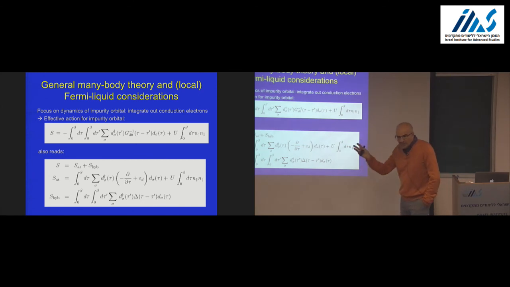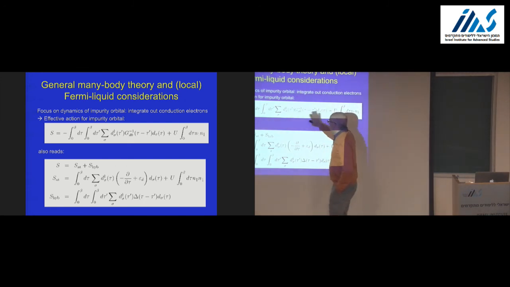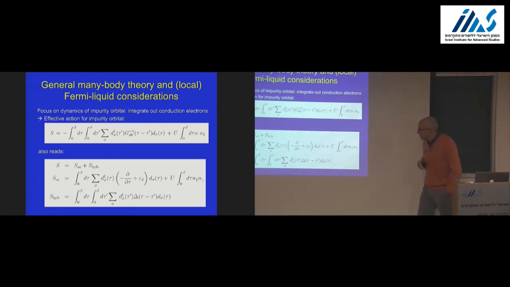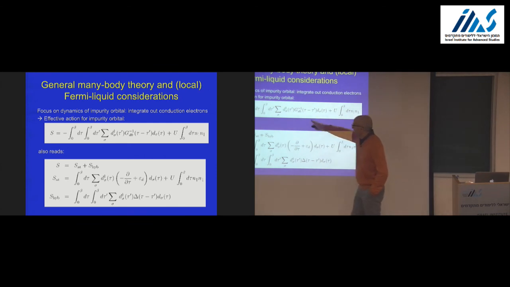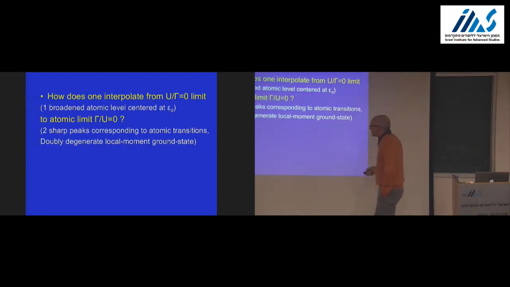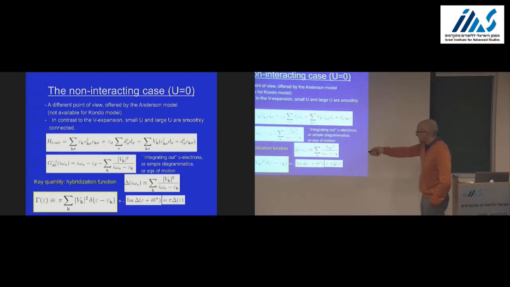So I can perform this Gaussian integration over the C's, and what I get here is an effective action for the degrees of freedom on the dot, which involves, of course, now the many-body interaction U and a bare propagator, which is just the thing we derived. This G_d0 to the minus 1 is exactly this expression here that I derived before.